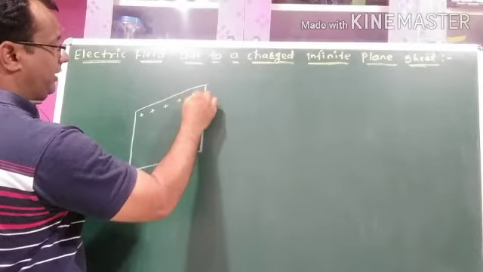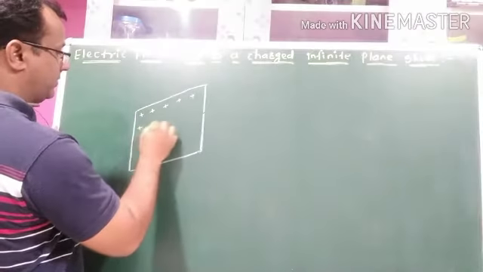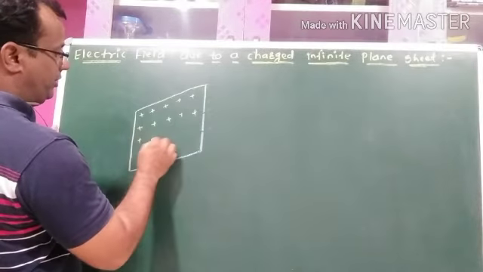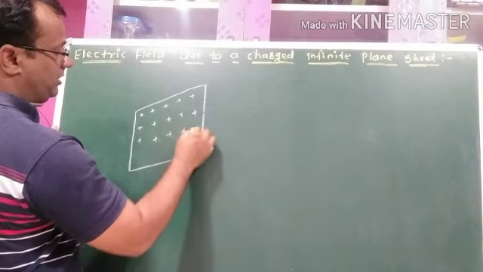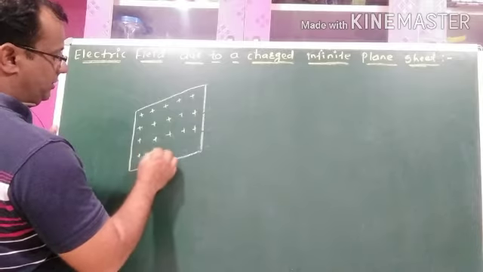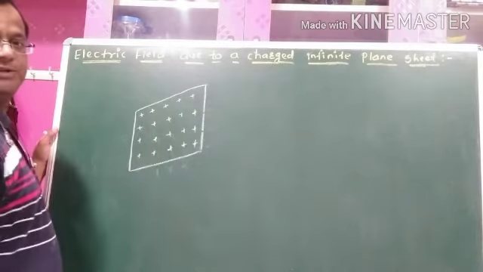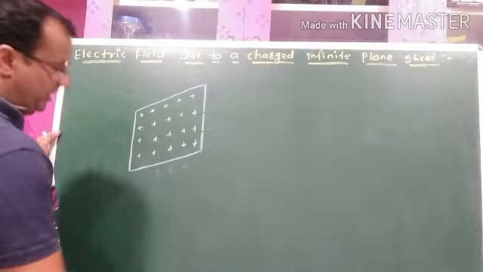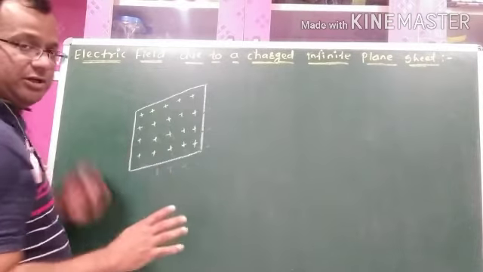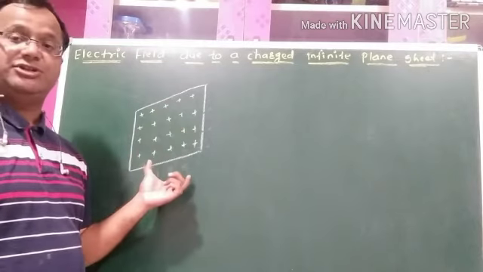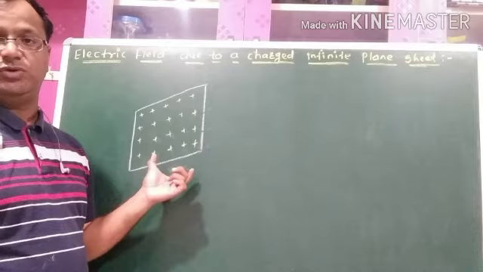Suppose we consider n number of charges distributed uniformly on the surface of the conductor. Suppose this is the number of charges. Here the shape of the conductor is uniform, so the charge distribution is also uniform.